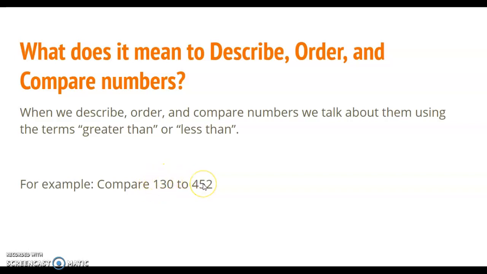So I know 452 is larger. That means 452 is the greatest number. So 130, therefore, is less than 452, and 452 is greater than 130. So for my answer, I would say 130 is less than 452.